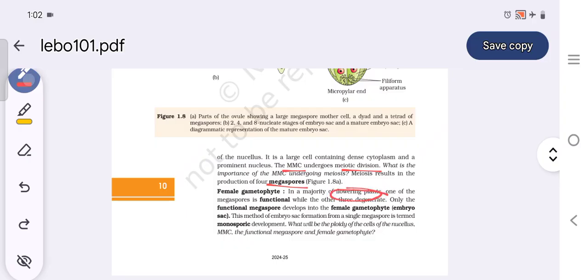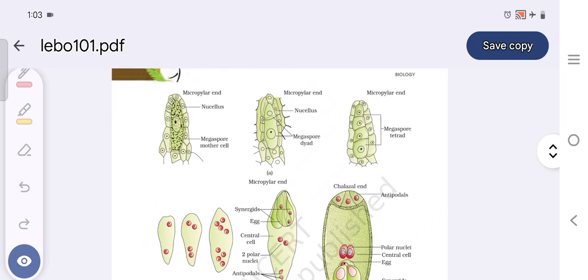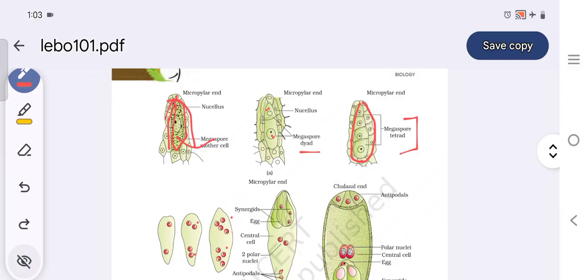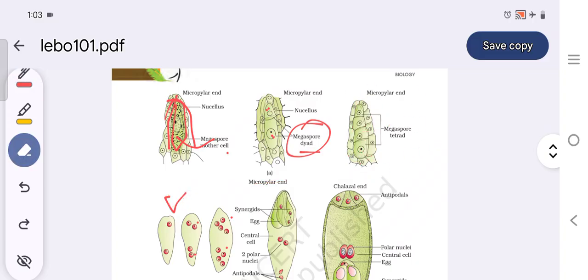And only one remains. So which are the 3? Let's go back to the diagram. Look at this. So we had the megaspore mother cell, which forms a dyad first, and then the tetrad. Now 3 degenerate and only one would function, and that one is shown here, right? That's how it is.